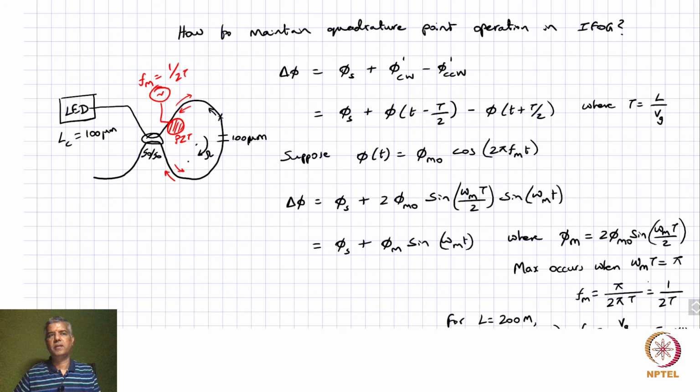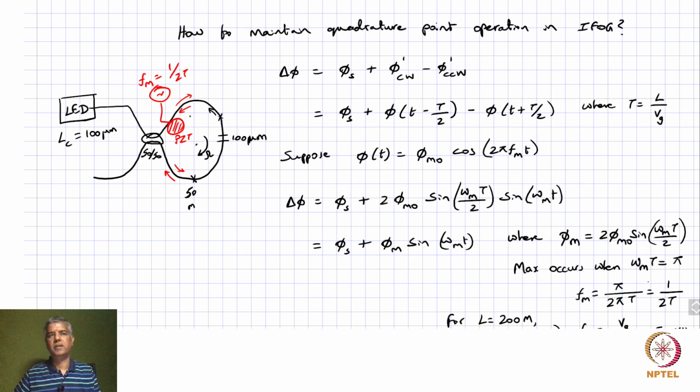Okay. The rest of the backscattering, wherever else it happens, you have a path length difference. Suppose it happens at a distance of 50 meters from this point for the counterclockwise wave. It would have happened at 150 meters away for the clockwise wave.